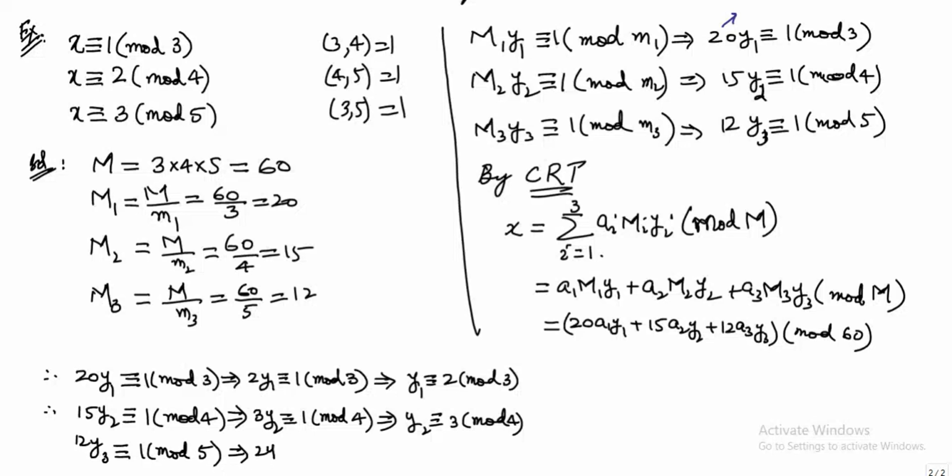So this is 2 y3 congruent to 1 modulo 5, because 12 is 2 in modulo 5, and because Z5 is a field, every element has an inverse. The inverse of 2 is 3, so we multiply both sides by 3. We will get y3 congruent to 3 modulo 5.